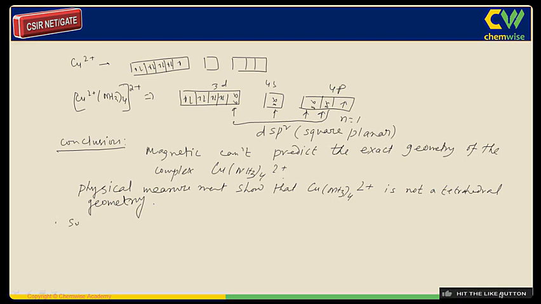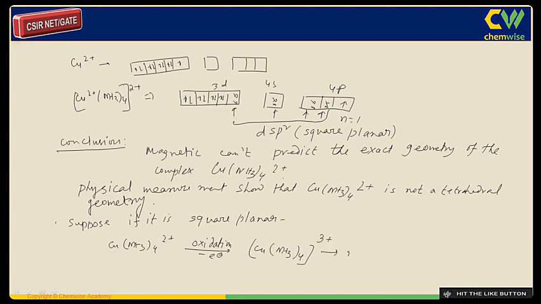Suppose we consider that it is a square plane, then what happens? We know that copper has an electron in the outer 4p orbital in [Cu(NH3)4]2+. So if oxidation takes place, that means it loses one electron, then it goes to [Cu(NH3)4]3+. But this is never possible.